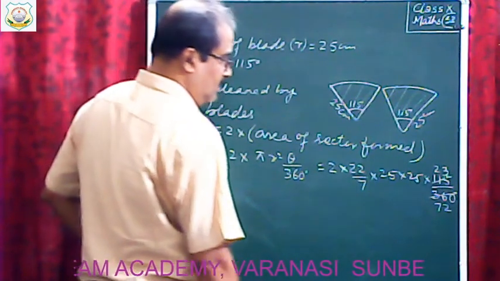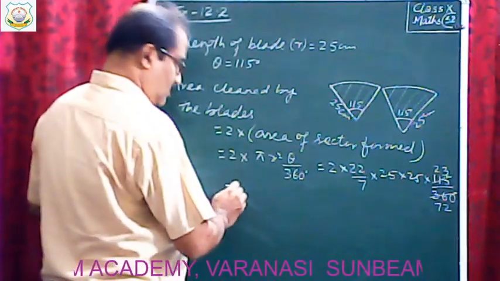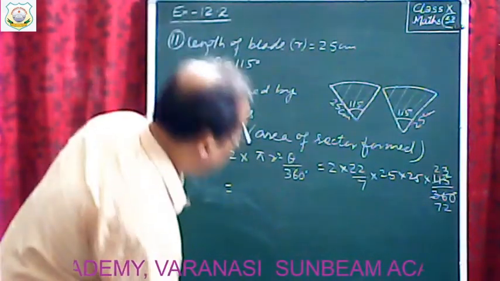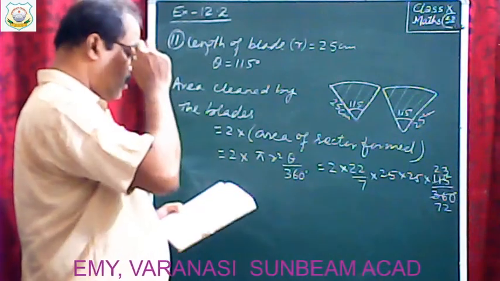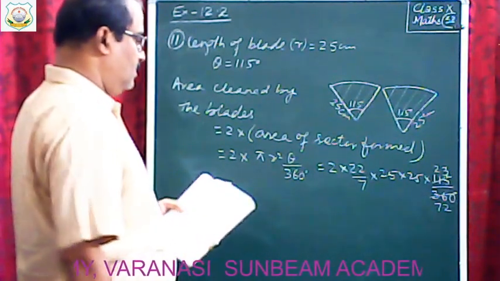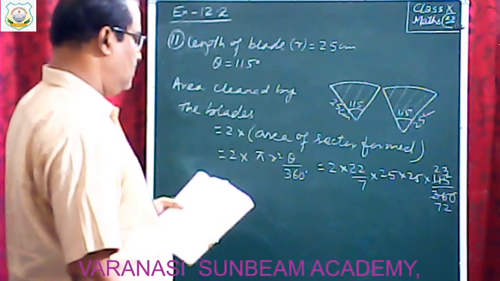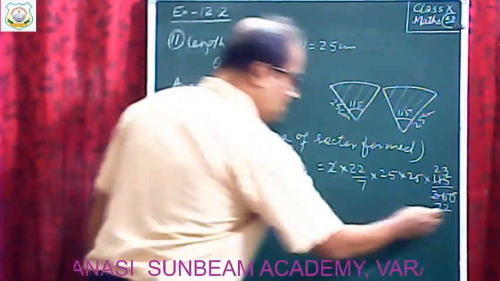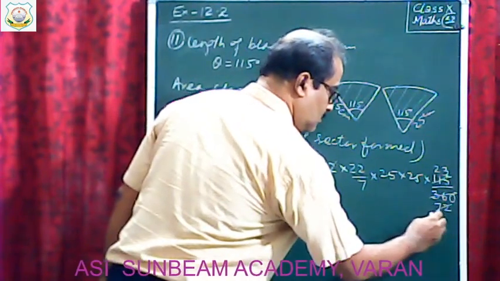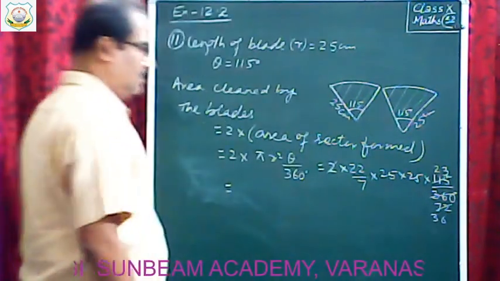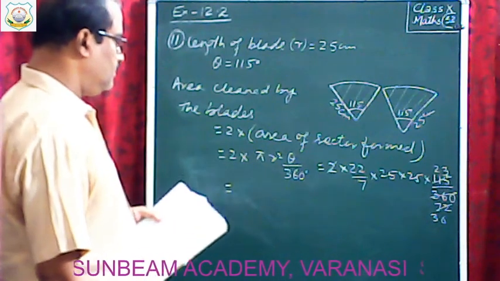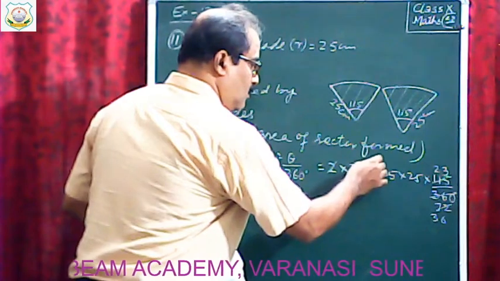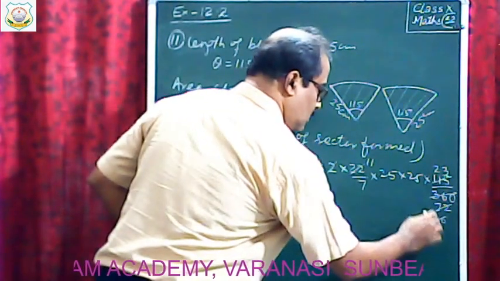Now calculation is only left. 25 into 25, 625 into 2, 12, 30, 36, again 11, 80.